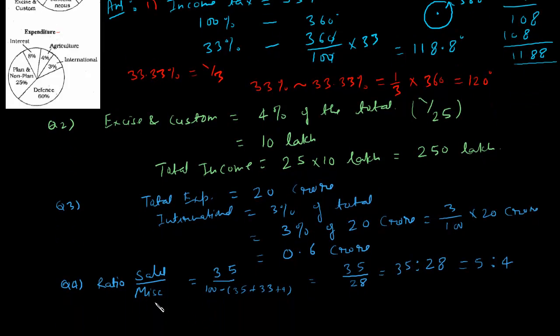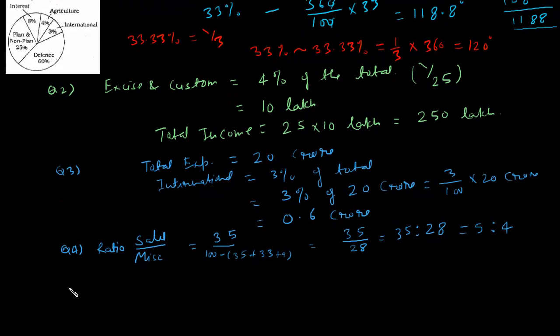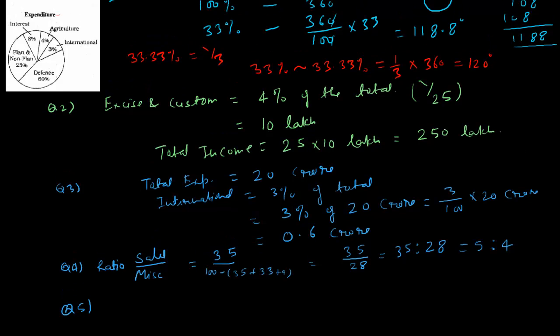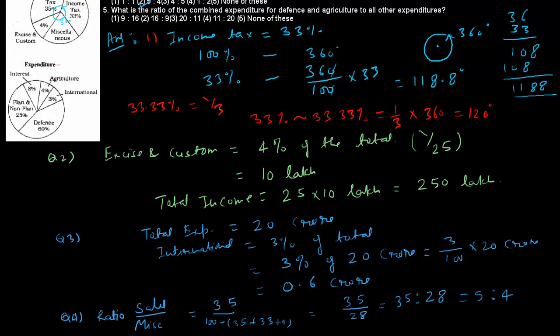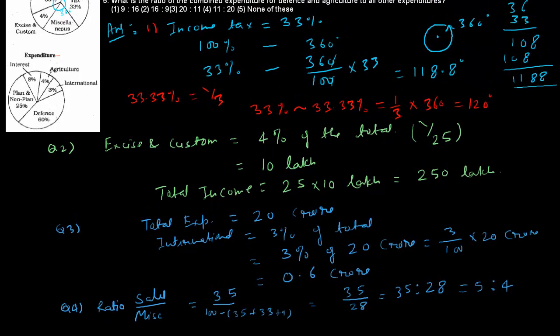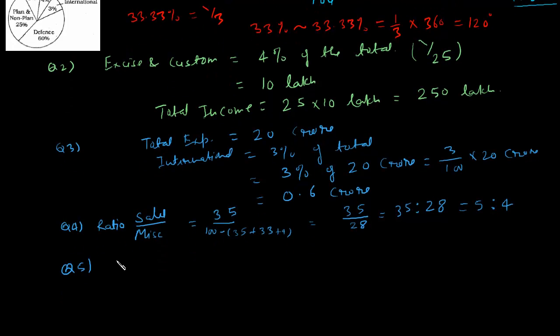Now let's read the last question, question number 5. The last question is, what is the ratio of the combined expenditure for defense and agriculture to that for other expenditure? Defense and agriculture to all other expenditure.